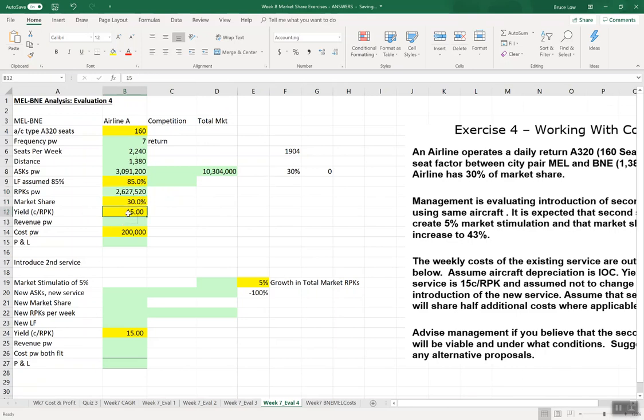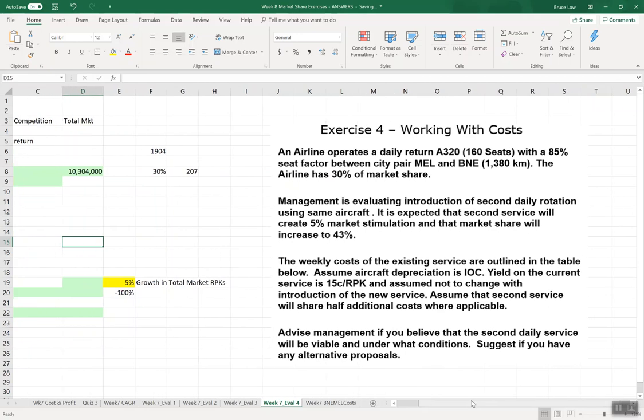Our yield is 15 cents, which means our revenue per week is our yield divided by 100, converting cents to dollars, times your RPKs. So our revenue per week is 394,000. Our cost per week is 200,000, which means our profit, our P&L, is 194,000. So that's the first part of the question, I think.